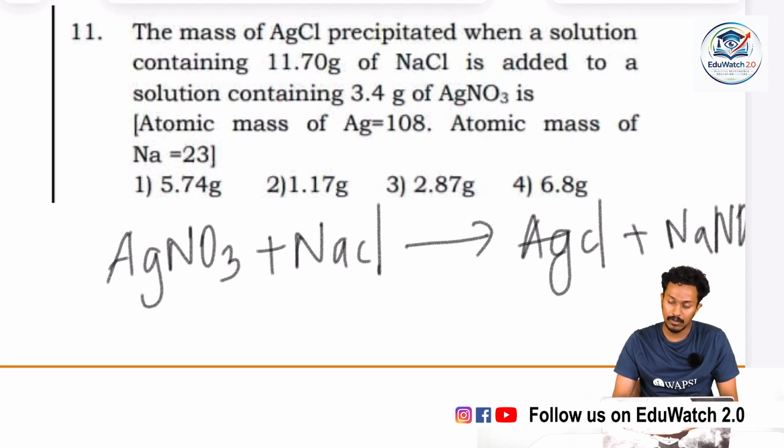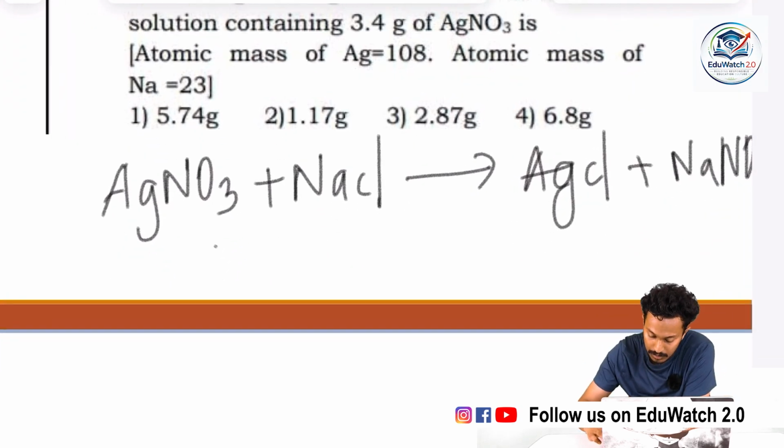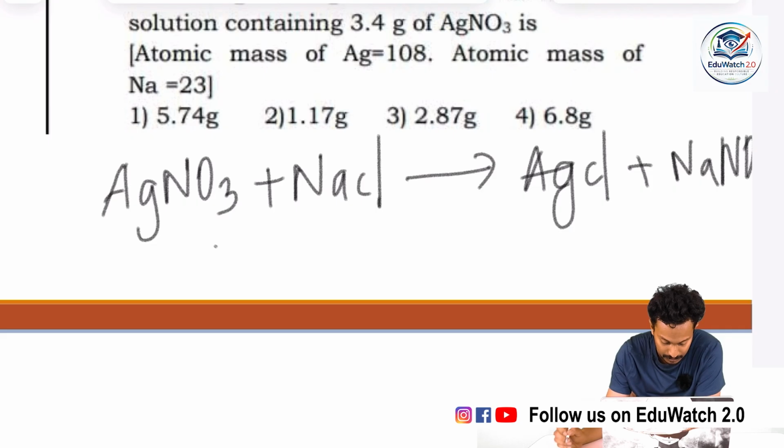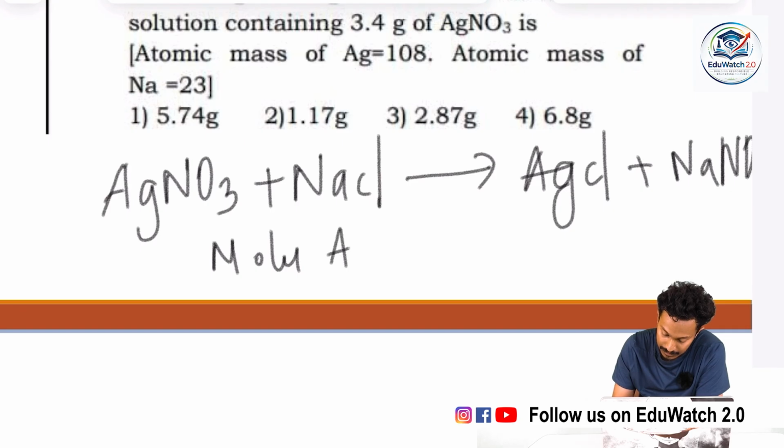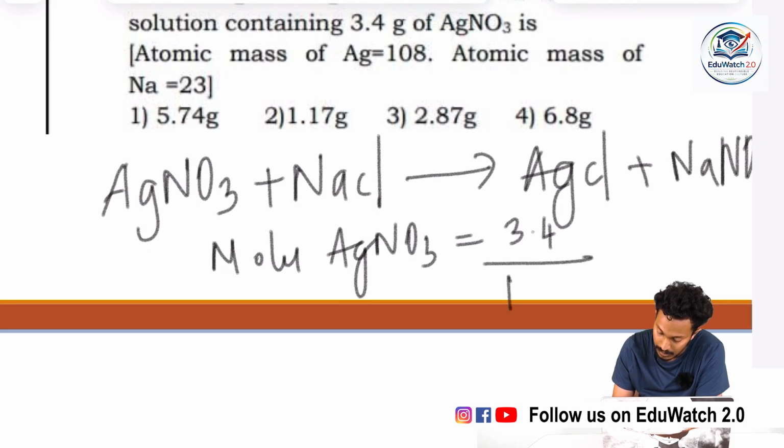Here we write out the known data. Moles of AgNO3 is given mass by molecular mass, which is 3.4 by 170, which is 0.02.